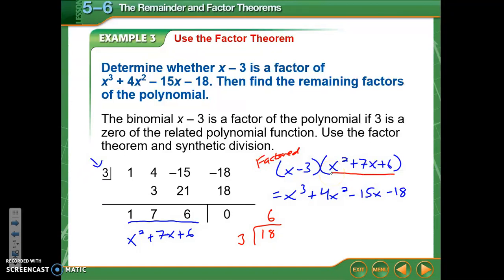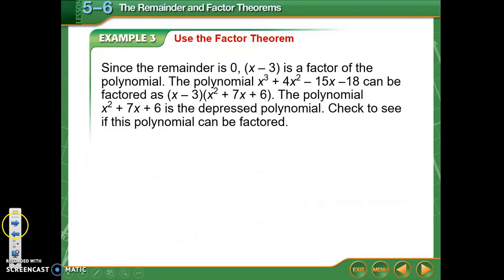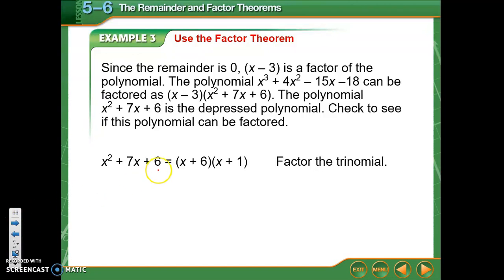Now I have to see if I can continue to factor this part. And I know x minus 3 is one factor because I got a remainder of 0. Now I'm going to find the remaining factors. I'm going to see if I can factor x squared plus 7x plus 6. So when I check that, if I look for two numbers that multiply to 6 and add up to 7, that'd be positive 6 and positive 1.